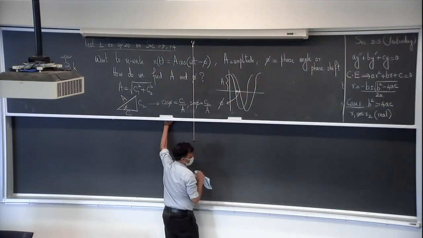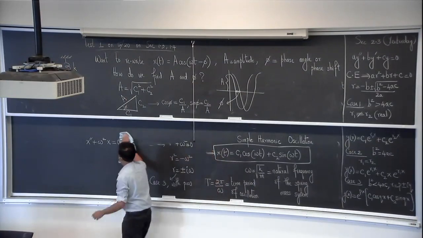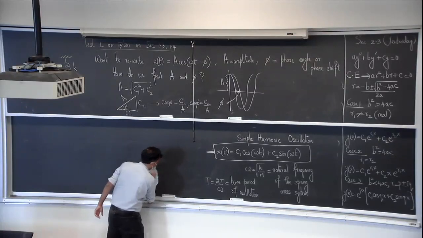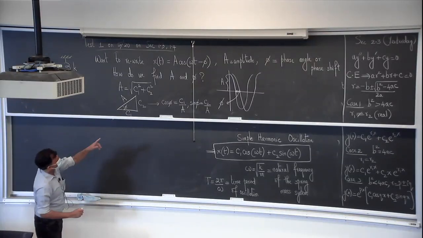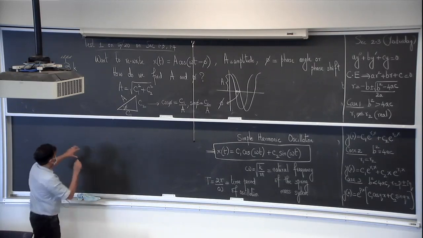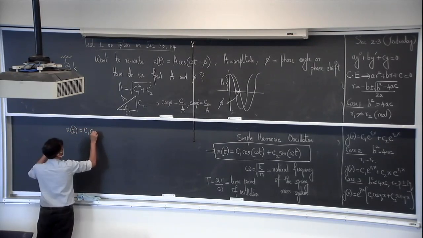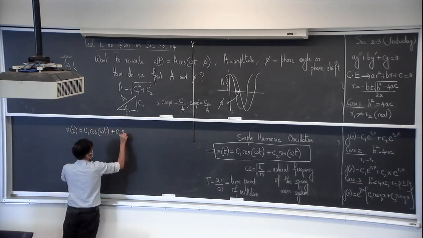So I'll do some small manipulations to achieve what we are trying to do here. We'll take that solution, which is x of t equal to C1 cosine of omega t plus C2 sine of omega t.